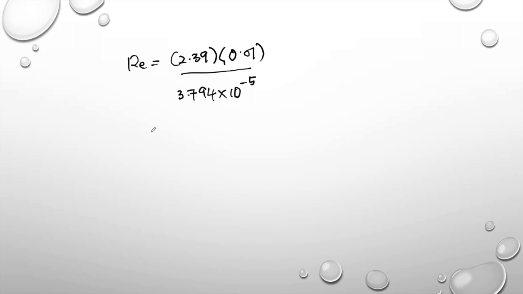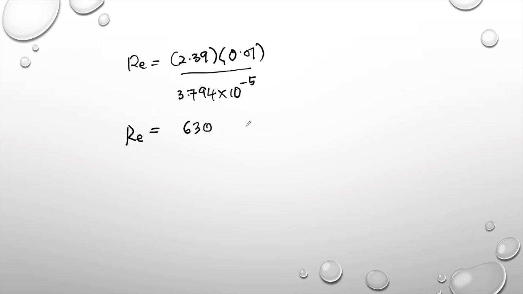So our Reynolds number is equal to 2.39 times with 0.01 divided by 3.794 times 10 to the power of minus 5. So you will get your Reynolds number is 630.